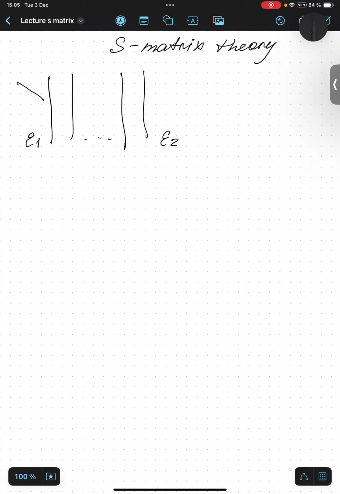You have some incoming field, reflected field, and transmitted field through this structure. So as previously, as we considered for transfer matrices, we have some linear system of equations, and we can easily find reflected and transmitted fields when you know the structure of this system.